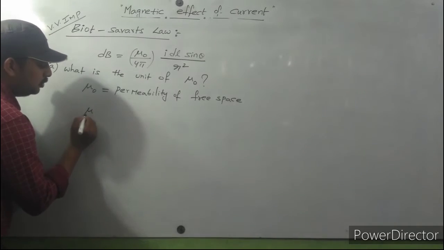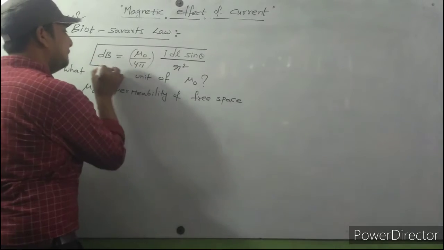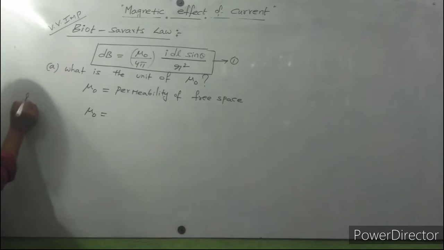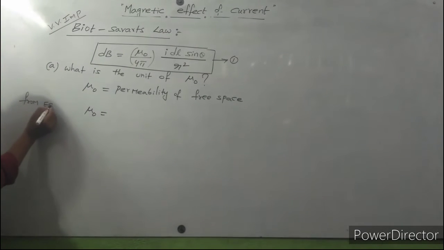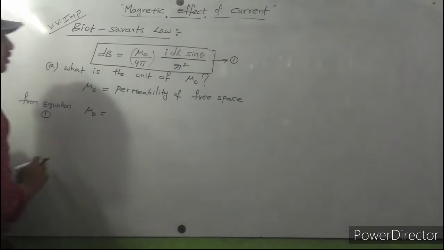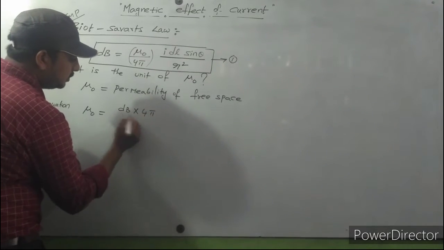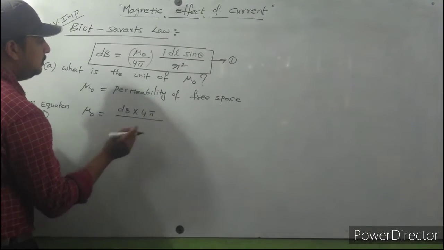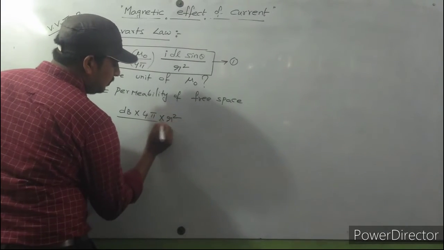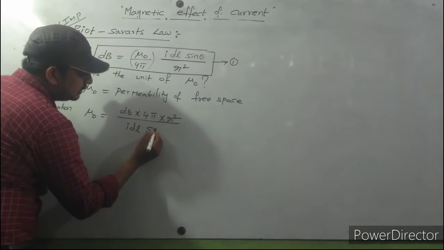Observe carefully. From equation 1, mu naught is equal to dB into 4 pi into r square by I dl sin theta.